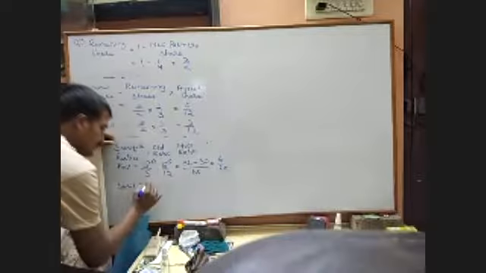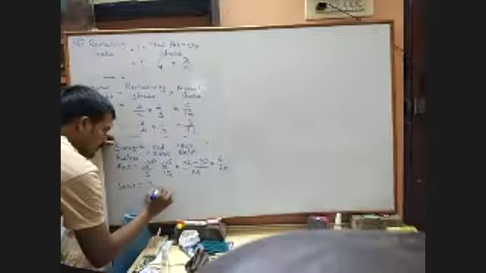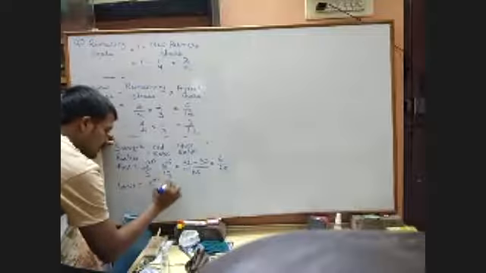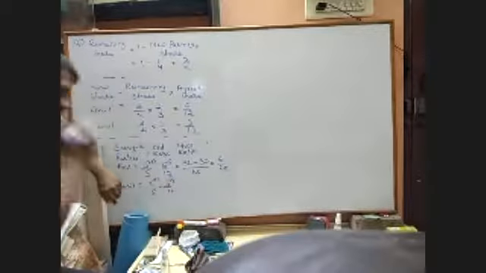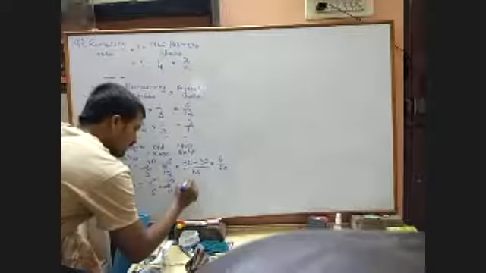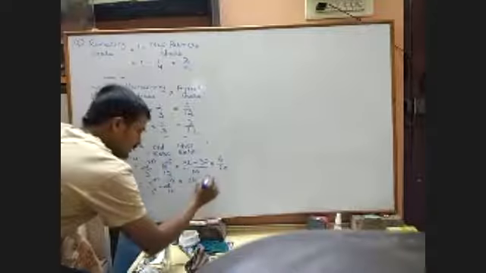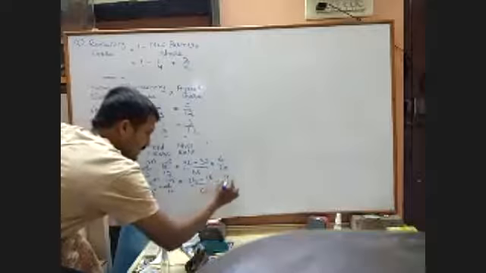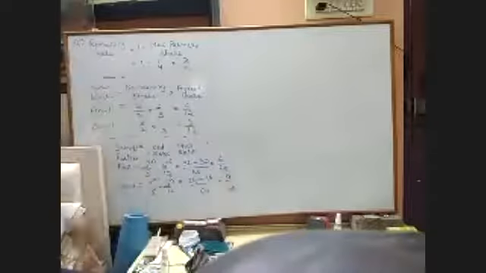Sunil is 2/5 minus 3/12. Again 5 12s are, 12 5s are, which leads to 2 12s are 24 minus 3 5s are 15 divided by 60, which will be 9/60.